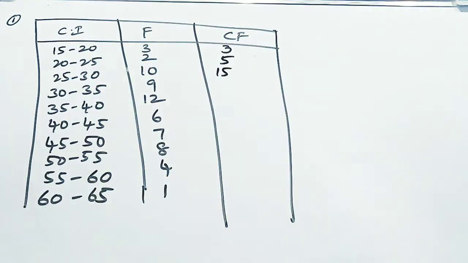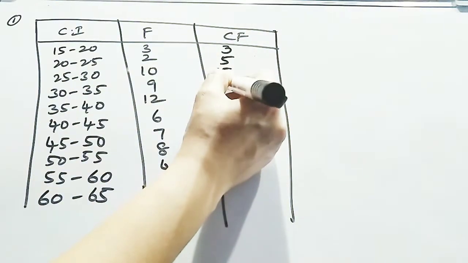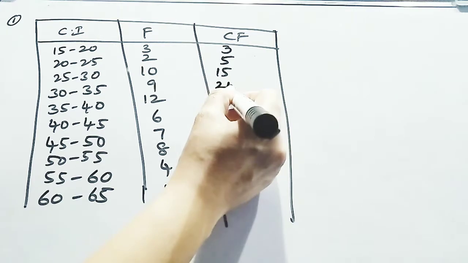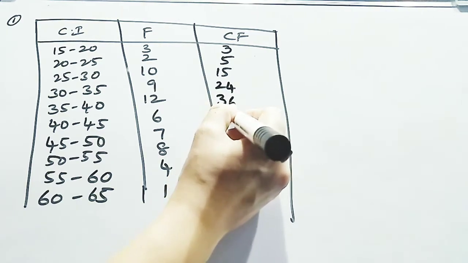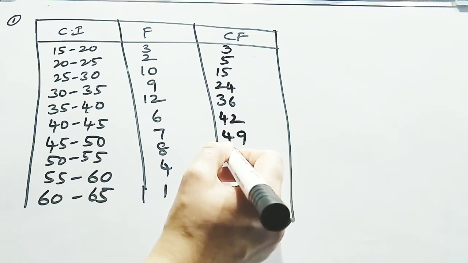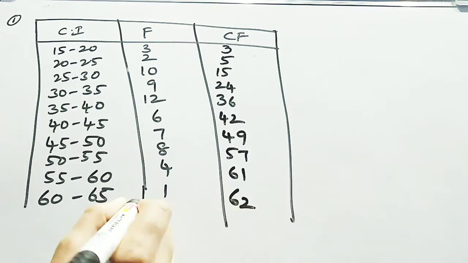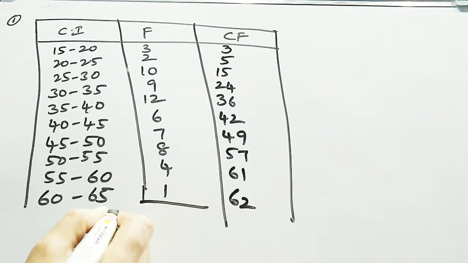In our previous problem, I showed you how to find cumulative frequency; just rewind the video and check it. 24, 36, 42, 49, 49 plus 8, 57, 61 and 62. So the total frequency is 62.